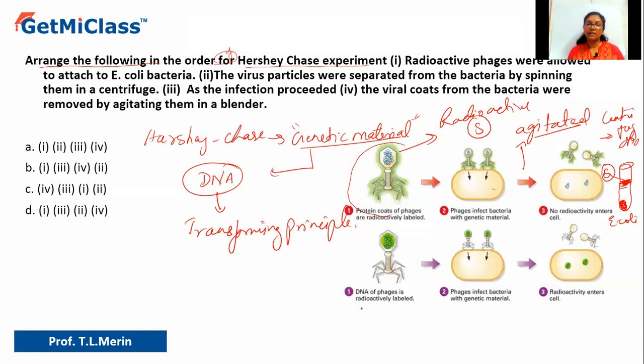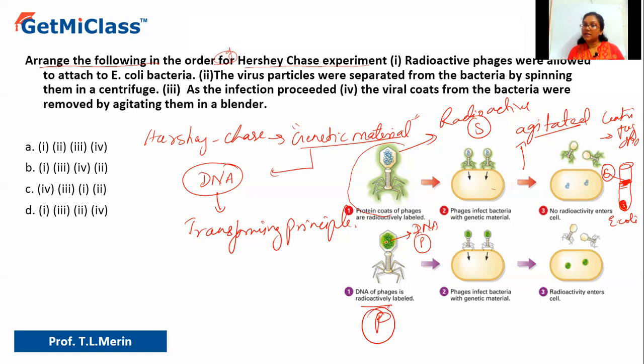So then what did they do? They took another set where the phage particles were grown in the medium containing radioactive phosphorus. Now the genetic material of the phage is DNA, and phosphorus is very important for the formation of DNA, right? So there was incorporation of the phosphorus in the DNA of the phage.